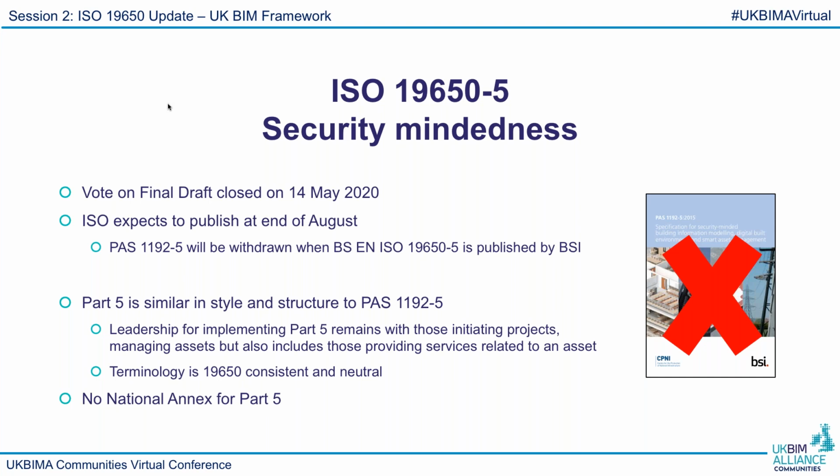So maybe less to get over in applying the new ISO standard. Again, the terminology is neutral and consistent with the rest of the 19650 series. And again, there is not going to be any national annex for Part 5.